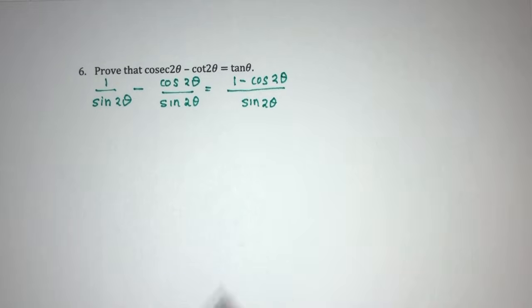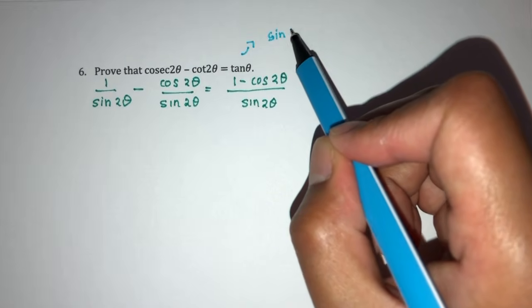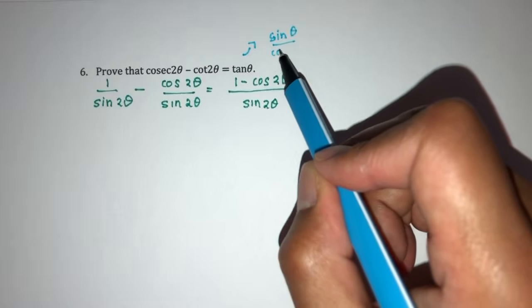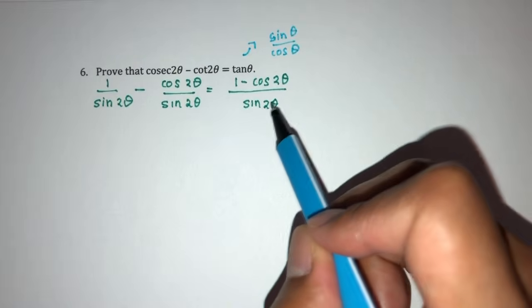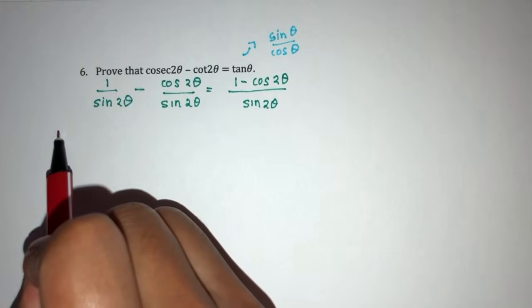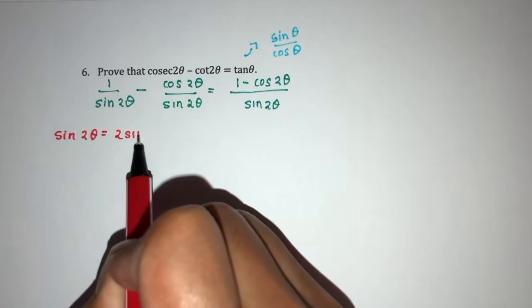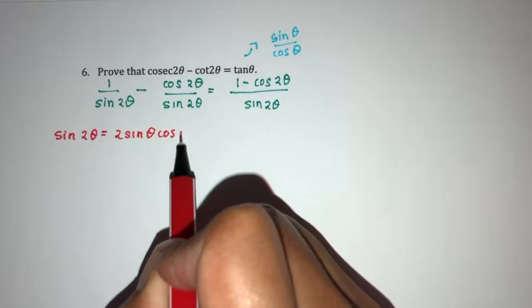Now, we have to get tan. Tan is sine theta over cos theta, so we have cos below and sine on top. Now we have to use the identities that we know to solve this. For example, we know that sine 2 theta is equal to 2 sine theta cos theta.